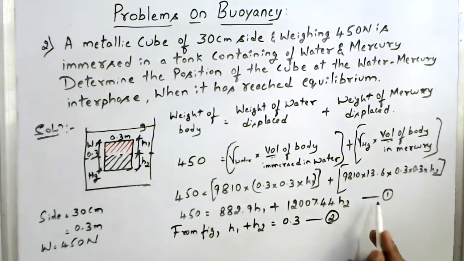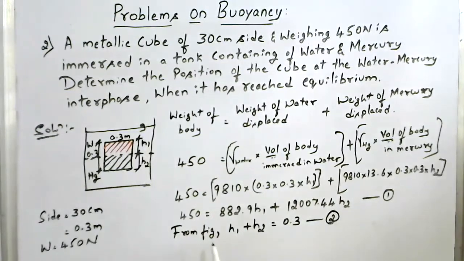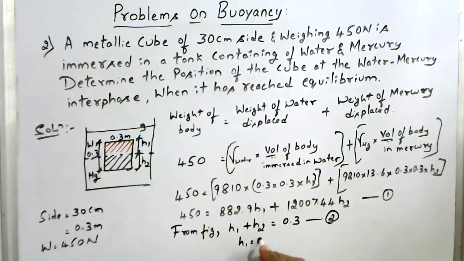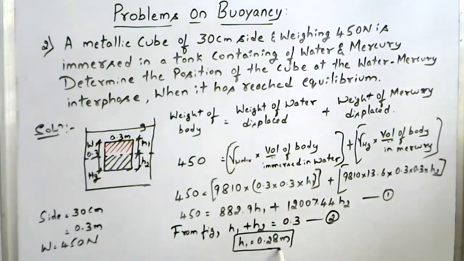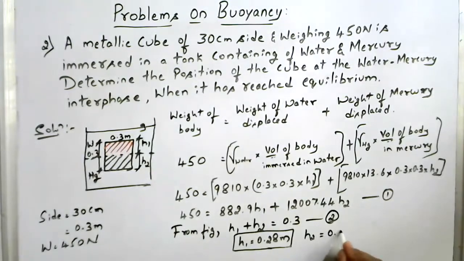Now you observe equations 1 and 2. It is a simultaneous linear equation. Simplify these two equations, and you will get H1 as 0.28 meter and H2 as 0.02 meter.